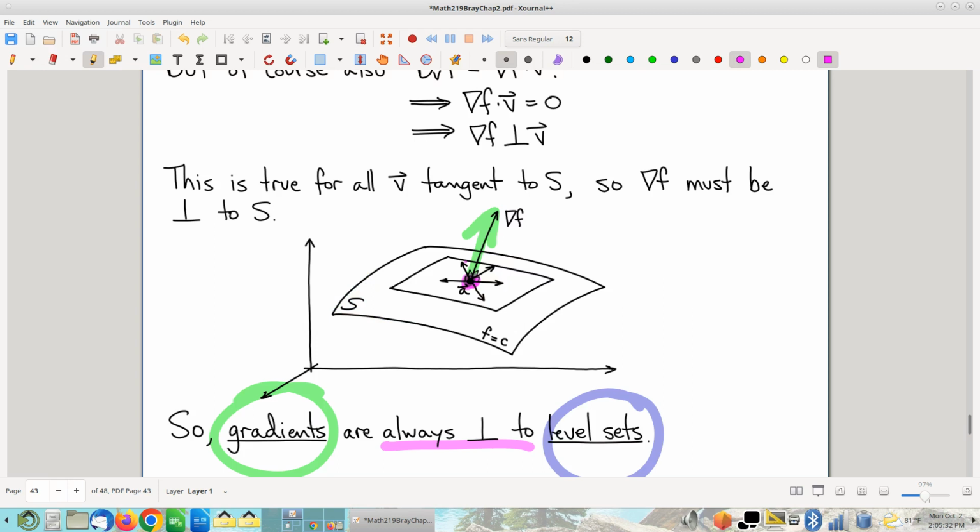The gradient is perpendicular to the surface at that point A. Is that satisfying? Okay. So over here, if I were to look at some point over here, the gradient's actually going to be a totally different vector, and at that point, that gradient vector is perpendicular to the surface. All right, really nice fact.